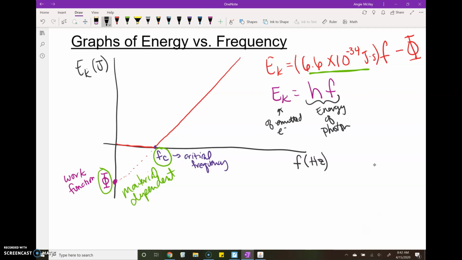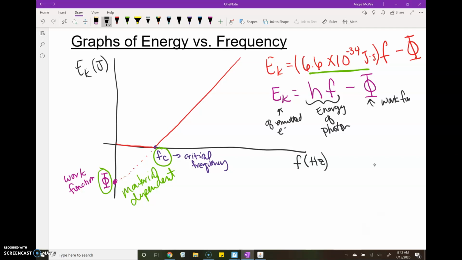So the kinetic energy of the electron that's emitted from the photosurface depends proportionally on the energy of the photon that collides with it, minus that work function, right? And that work function depends on the properties of the material itself. So this is the work function.